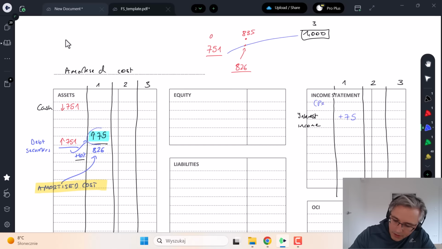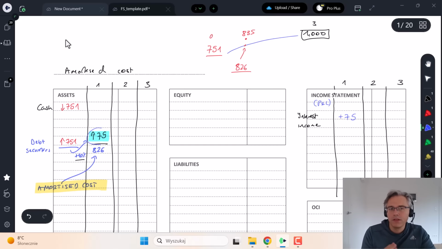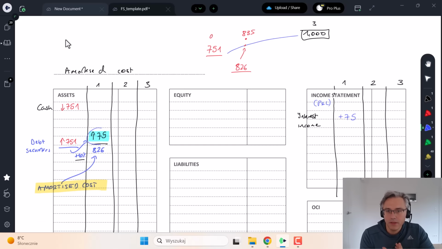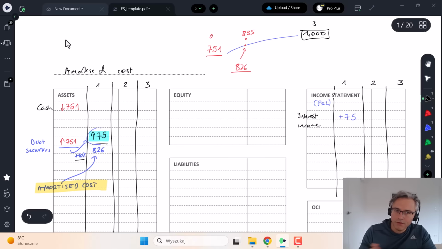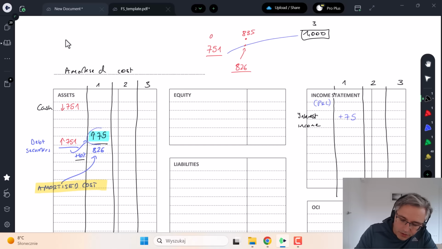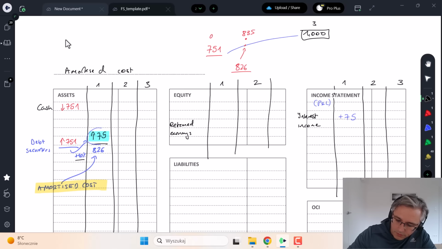This is the P&L, another name for it. And as you will appreciate, everything that goes to the income statement, to the P&L, will also have an impact on retained earnings within equity. So let me introduce this, retained earnings over here. These also, year 1, year 2, year 3, these also go up by 75.